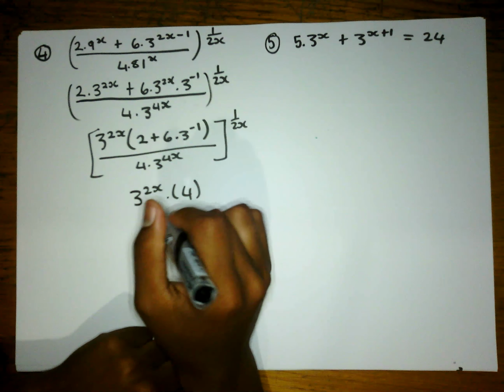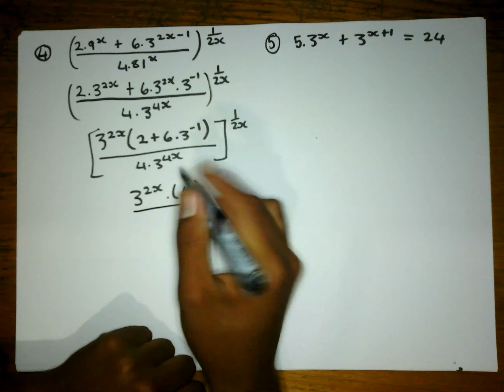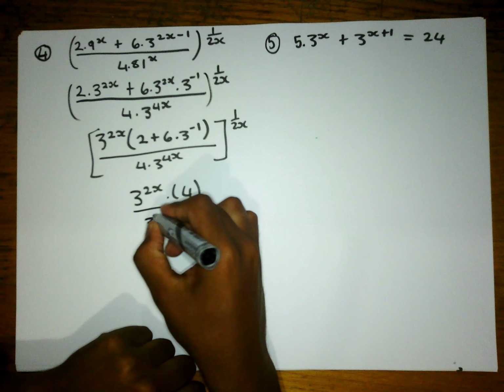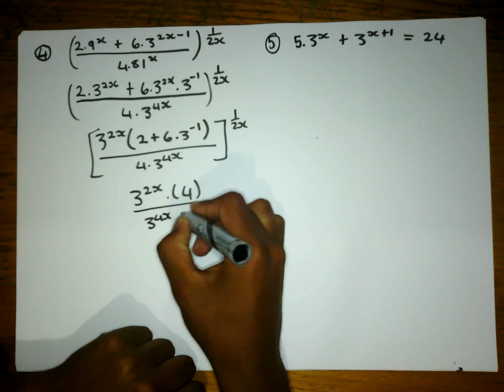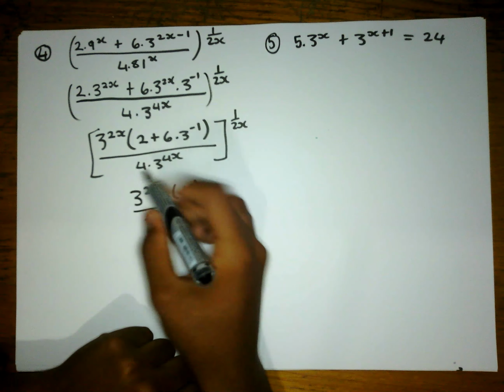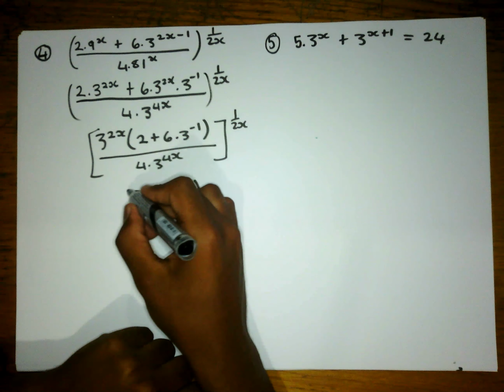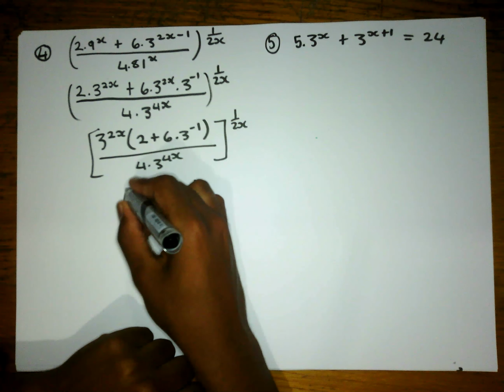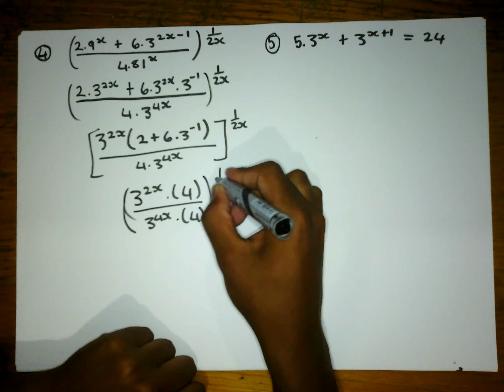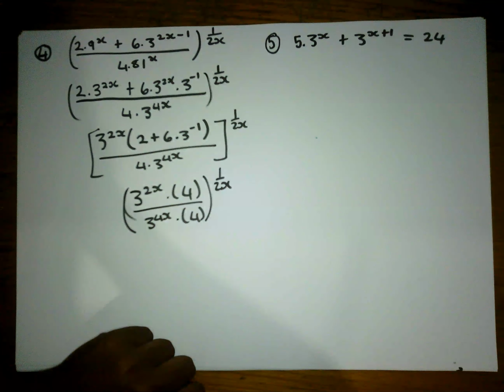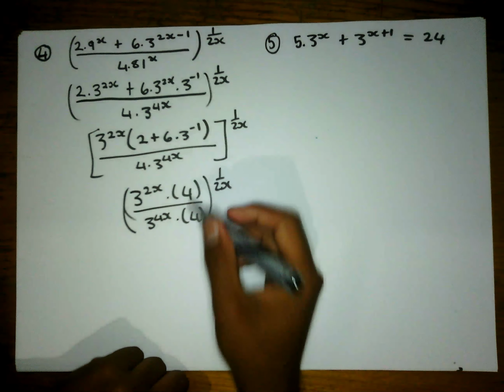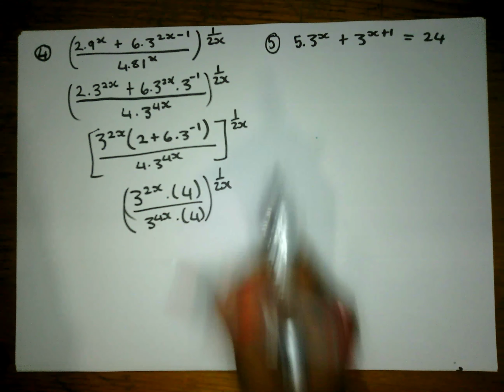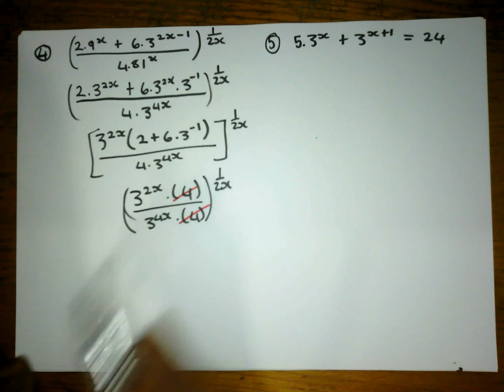All this over 3 to the power 4x times the 4 we have here under. Okay, then this 4 and that 4 cancel.